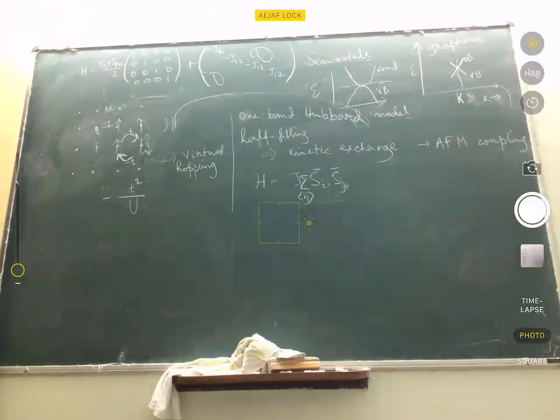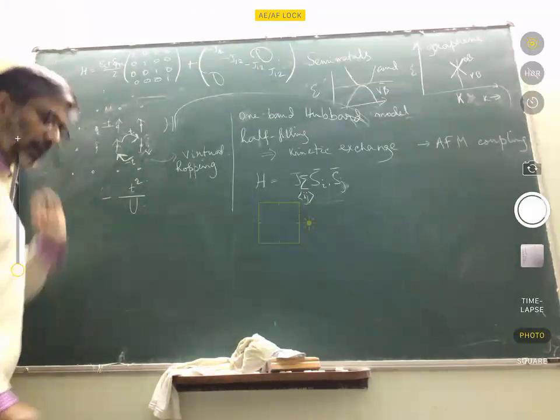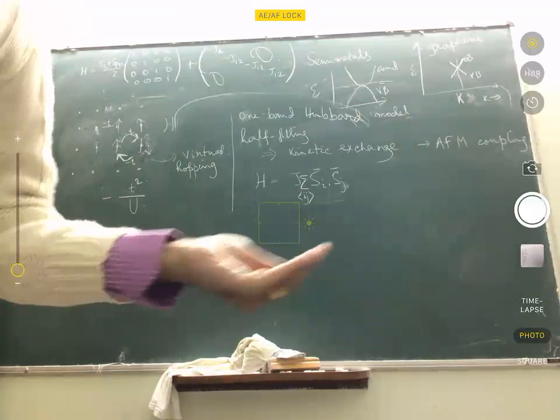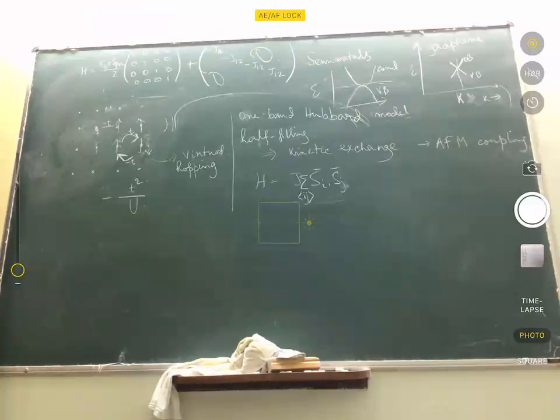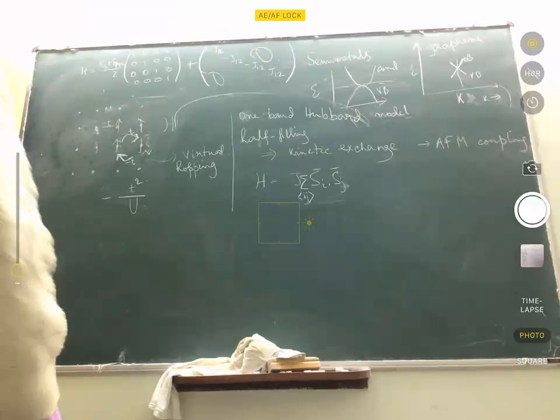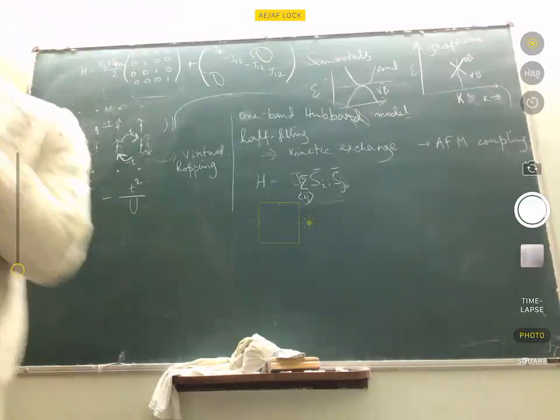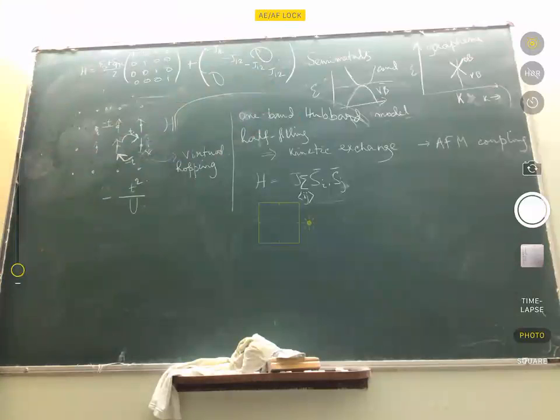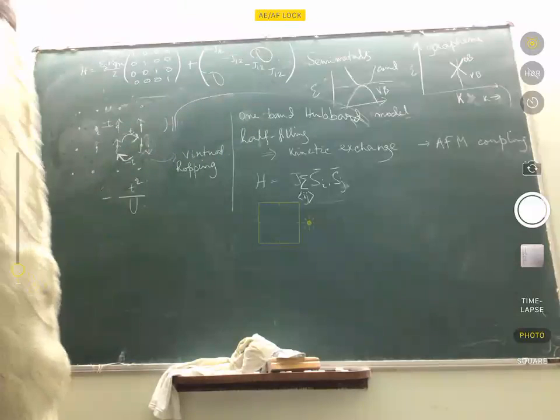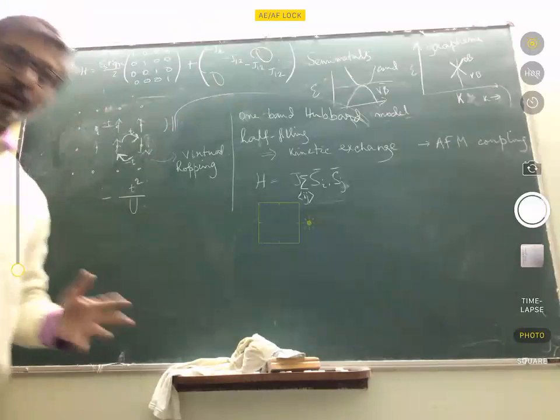Turns out that not in the one band Hubbard model, but if you extend the Hubbard model, these are called extended Hubbard models. I'll just discuss one situation where you can have ferromagnetic kinetic exchange. So far, we have seen kinetic exchange to be antiferromagnetic type. I'll discuss one situation where the kinetic exchange can be ferromagnetic.